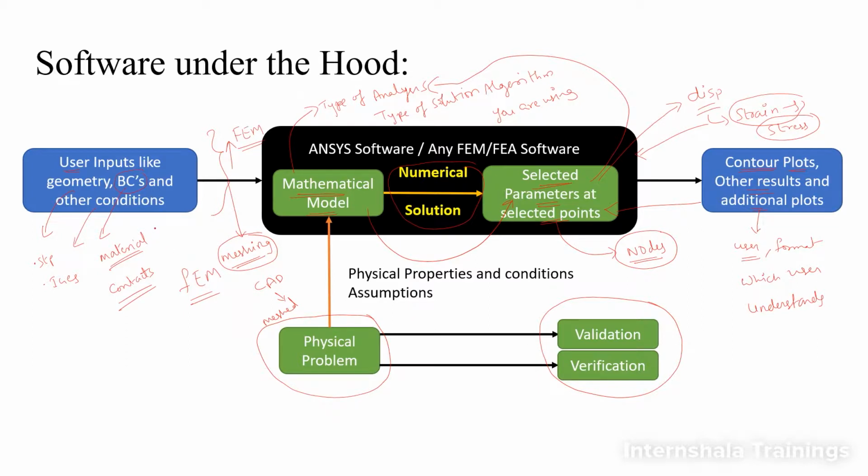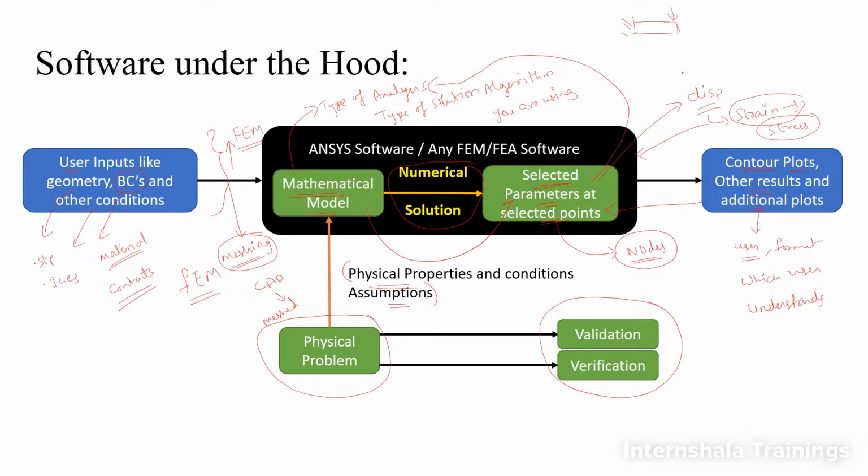In addition, as I already told you, when we try to simulate a physical model in terms of a mathematical model, we also need to take some conditional assumptions as well as physical property assumptions. What are different examples for this? Let us suppose I am taking a cantilever beam and trying to analyze it using FEM.